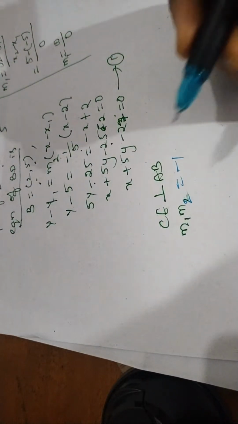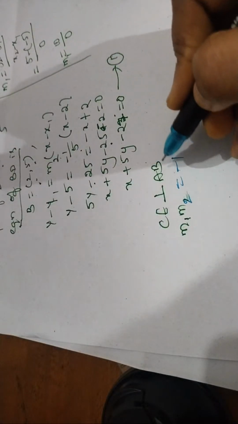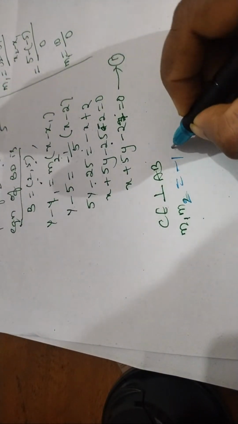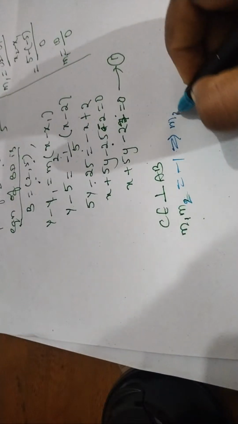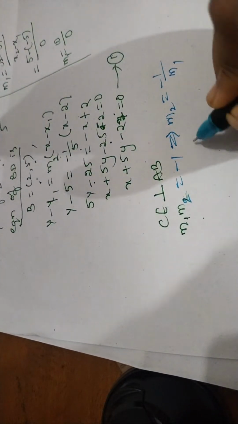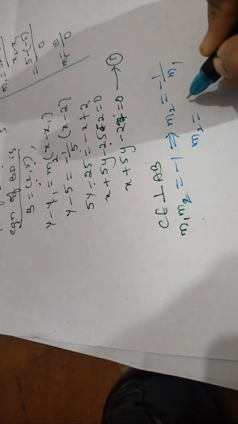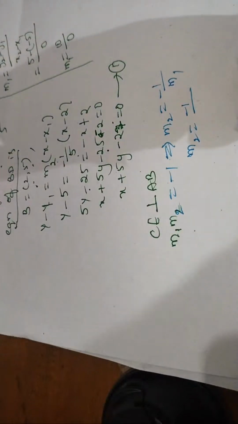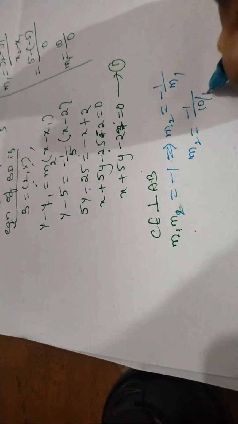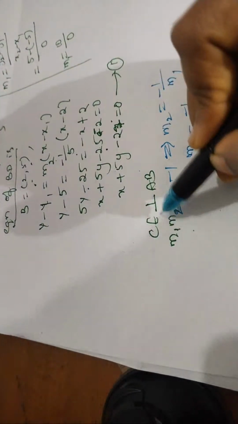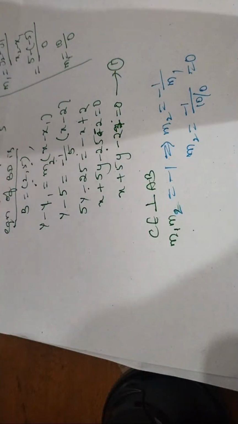We know m1. This is the m1 here. What is the AB slope? How much did we get? 10 by 0. So I want to find m2. From this, m2 is equal to minus 1 by m1. m2 is equal to minus 1 by m1 means minus 1 by 10 by 0, that is 0. So the CE slope is 0.